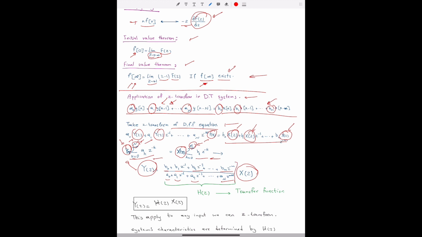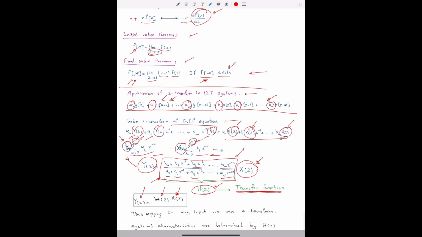As you can see, this division does not depend at all on the input. It is determined by the characteristics of the system. We call this h of z, which is the transfer function of the system. So y of z is equal to the transfer function of the system multiplied by x of z.